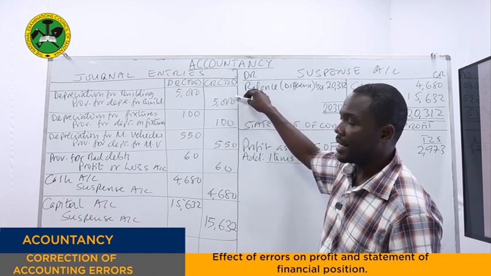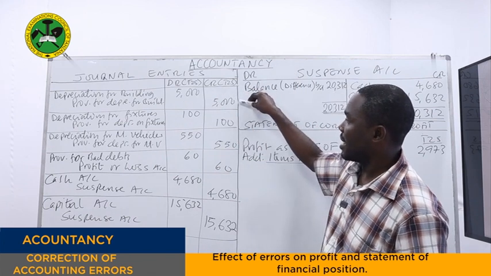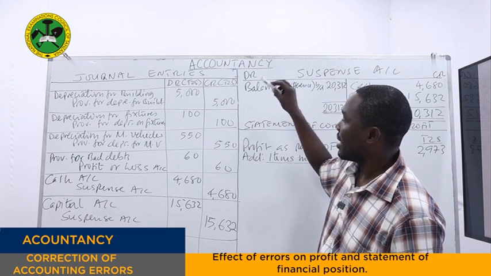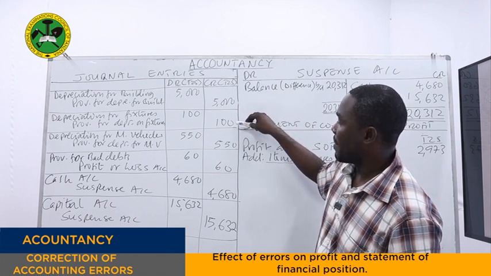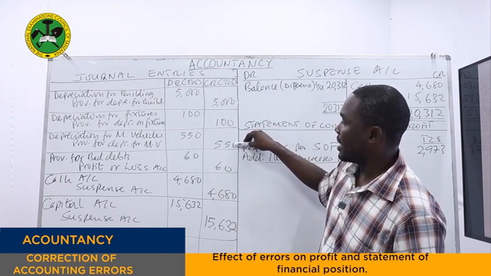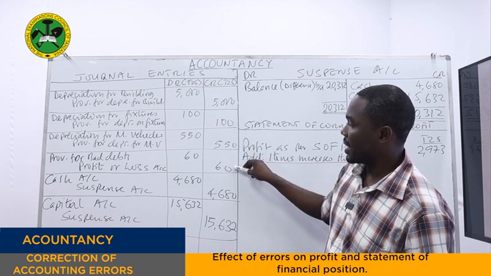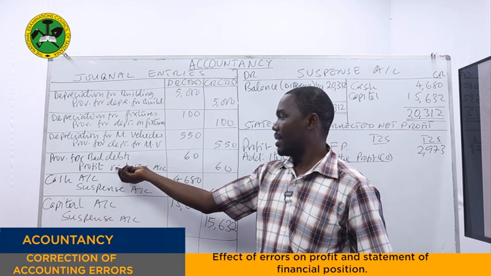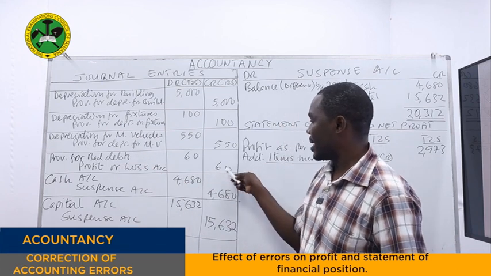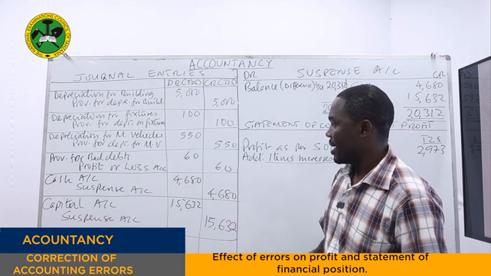For this particular case, it does not affect our profit here. The next, the same. Even the third item, the same. The fourth item, 60, is P&L, so automatically it affects our profit.